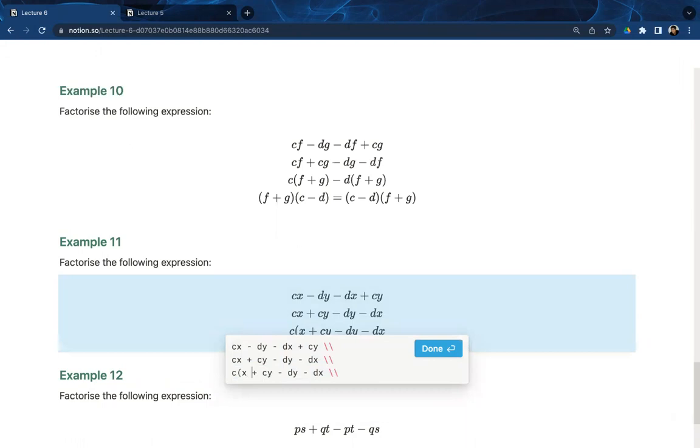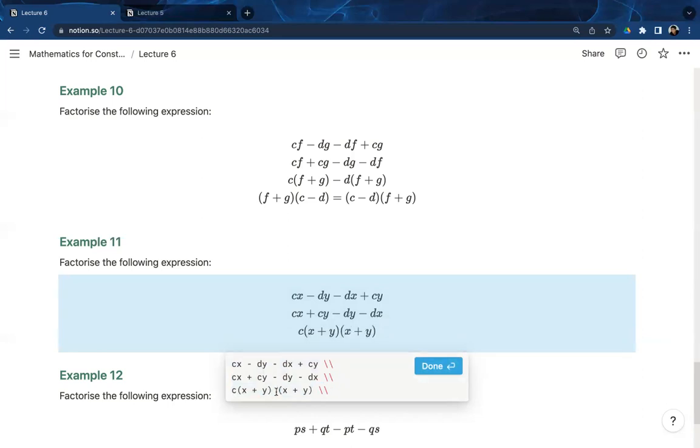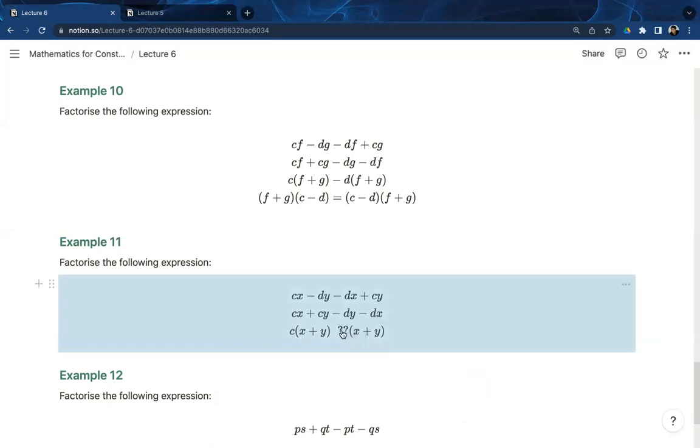So this is C into X plus Y. Don't even bother looking at what these two terms are, don't really focus on it too much. You get an X plus Y, just write the X plus Y here, write it there, and figure out what you need in front of it. You need a sign and a letter. What by X is minus DX? Think about it.